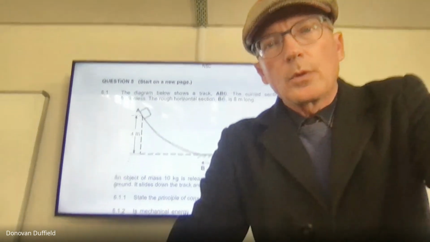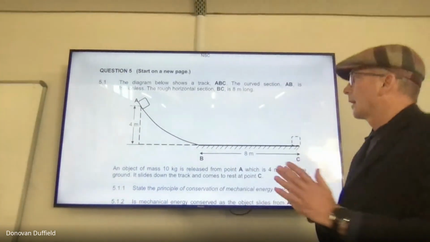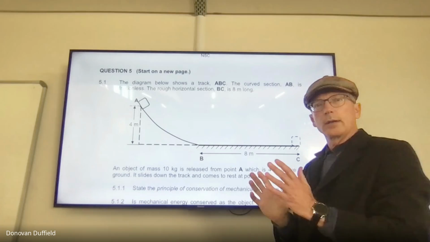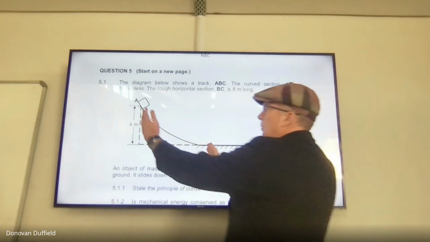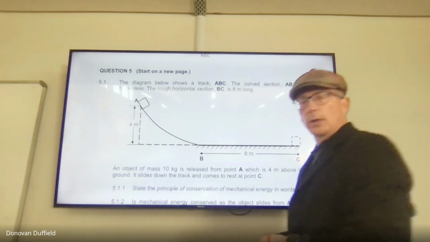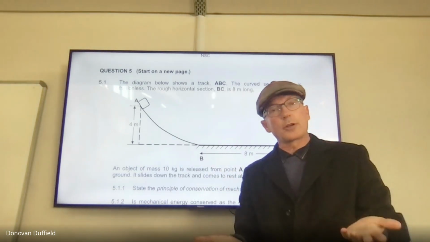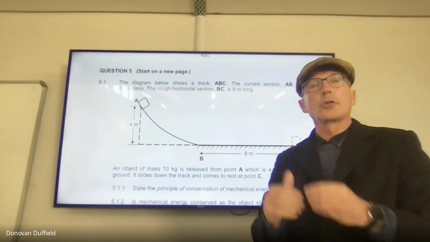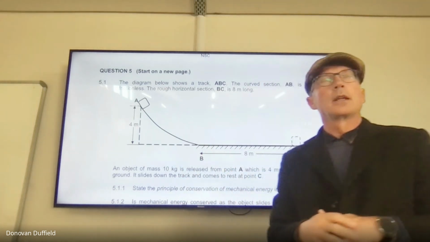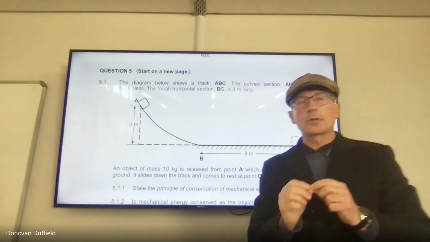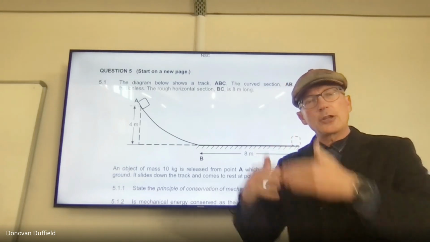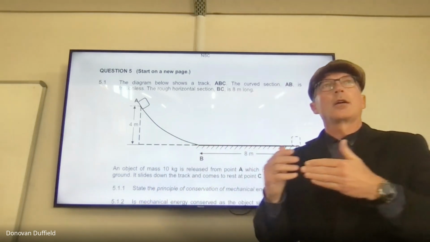So we are dealing with a system where we can apply the principle of conservation of mechanical energy from A to B because there's no friction, so there are no non-conservative forces. Now remember, non-conservative forces are those forces that change the mechanical energy of a system.